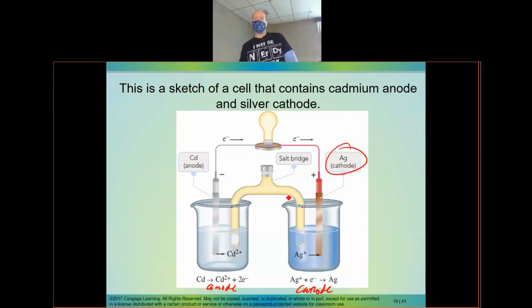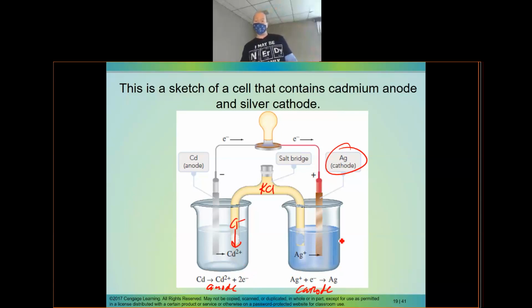All right, and then you always have to have a salt bridge. And so if we're using KCl like we did last time, we know that on your oxidation side, cadmium is going to cadmium plus 2. All right, and so we're building up a bunch of plus charge, and so we have to neutralize that. So the Cl minuses are going to be going this way.